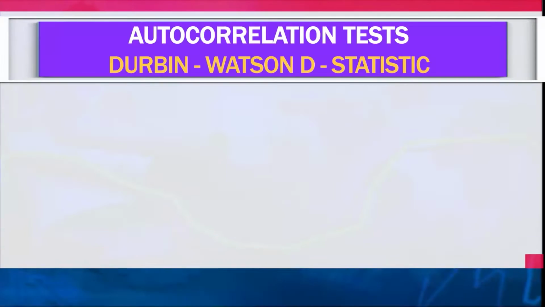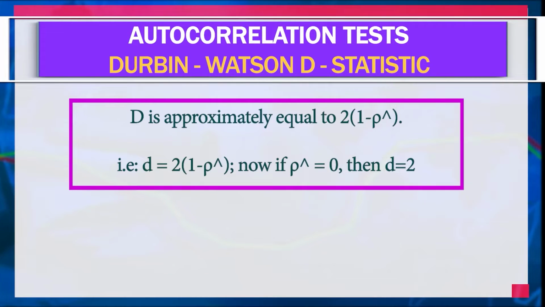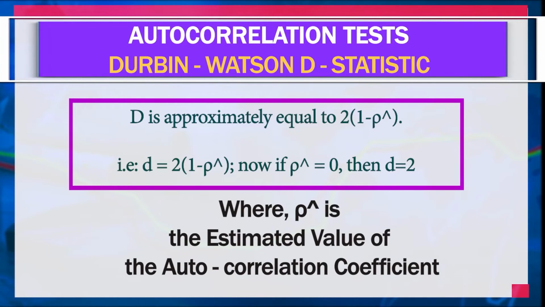Here we observe that there is a relation between the Durbin-Watson d statistic and the autocorrelation coefficient. We need to remember this expression mentioned in the slide: d is approximately equal to 2 times (1 minus rho hat). So what is this rho hat?